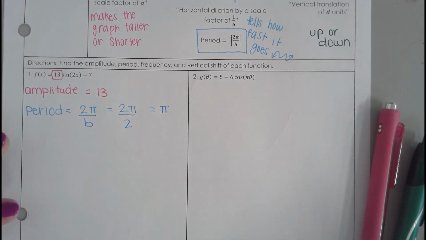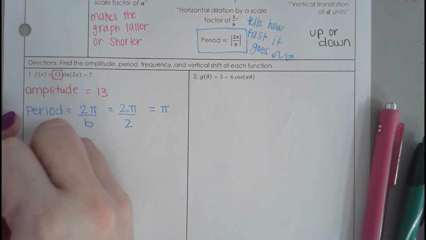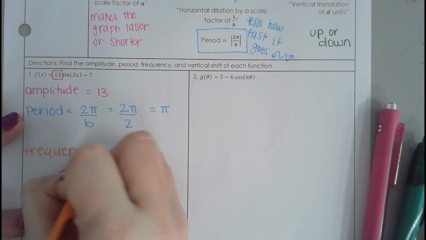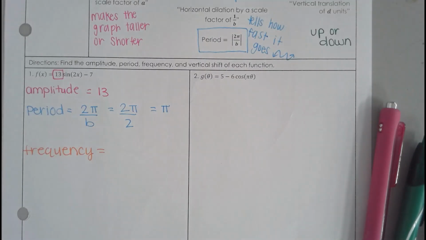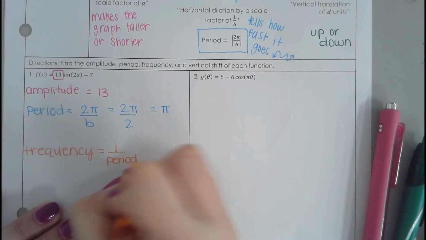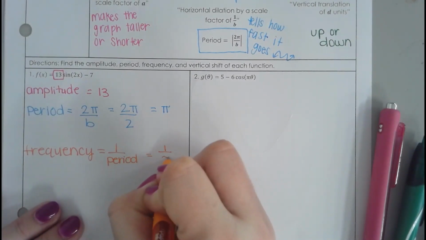And then it's also asking us for frequency. Do you all remember how we find frequency? Yep, it's 1 over the period. So 1 over pi.